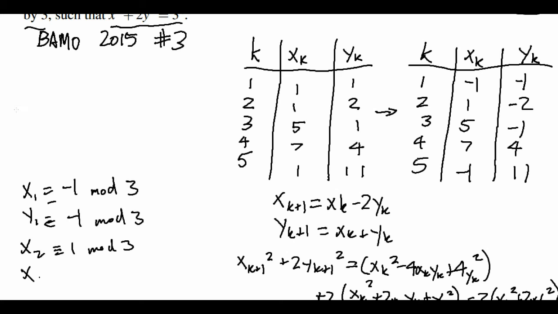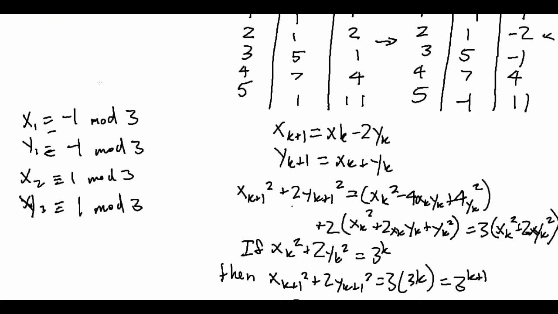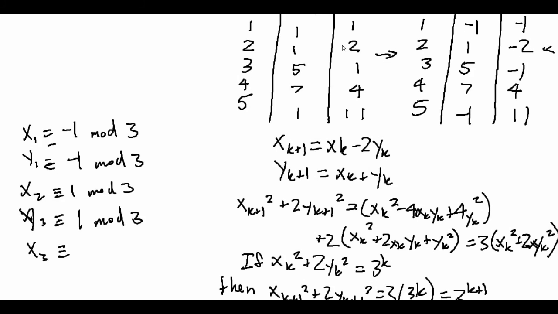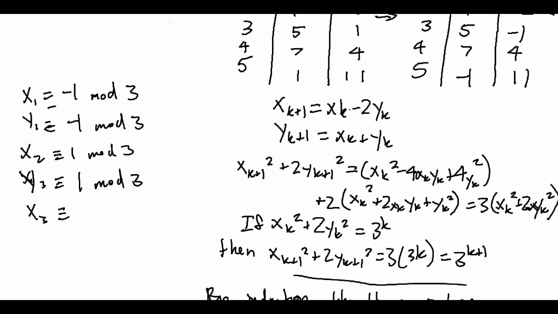And y2 is negative 1 mod 3 plus negative 1 mod 3, negative 2 mod 3, which is just 1 mod 3, as you can see. And we keep going. So x3, we can just look at the table, or we can keep deducing from the equation.